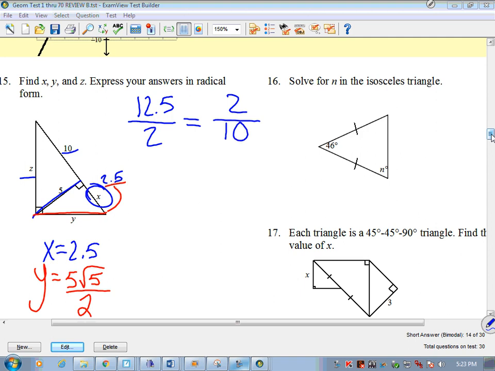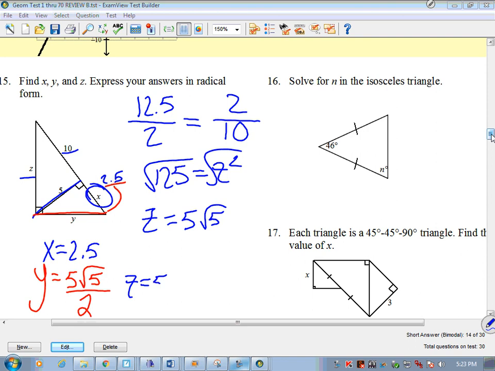So 10 times 12.5 is 125 equals z squared. So we square root this. And fortunately for us, we already know that the square root of 125 is 5 radical 5. So z equals 5 radical 5. Those are your 3 answers using geometric mean.